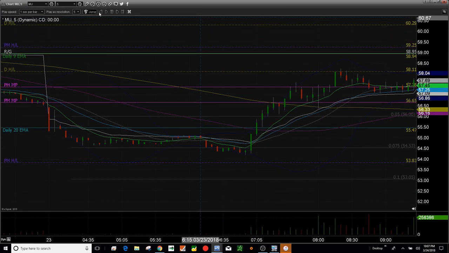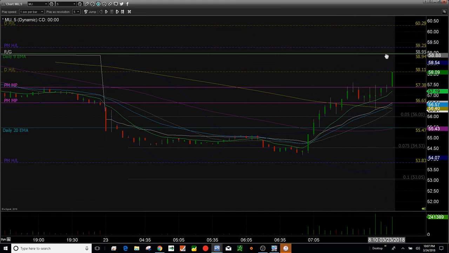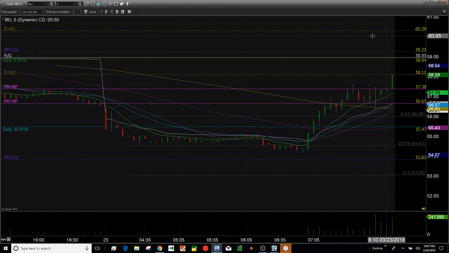Let's just jump over here for now so you can see all the levels. I know what the colors mean. High of day, low of day. This is the 9 EMA. Red to green line where it closed yesterday.